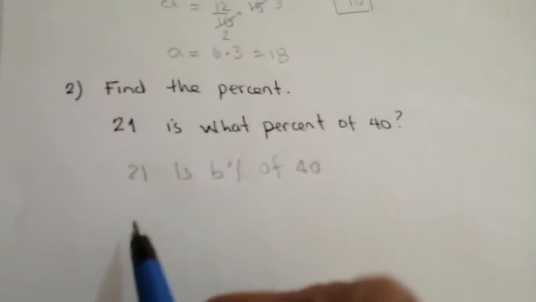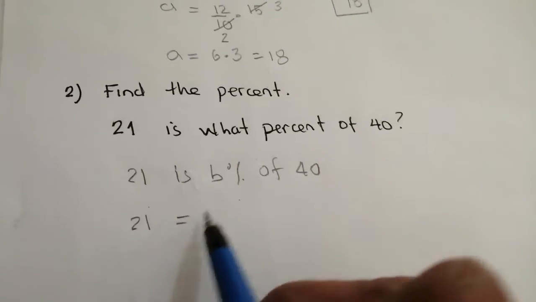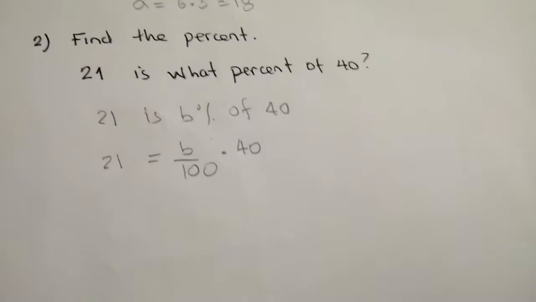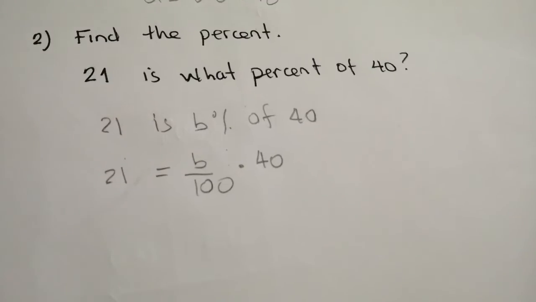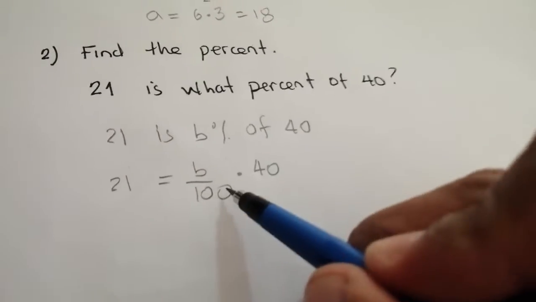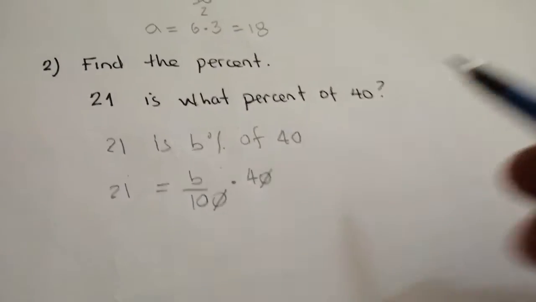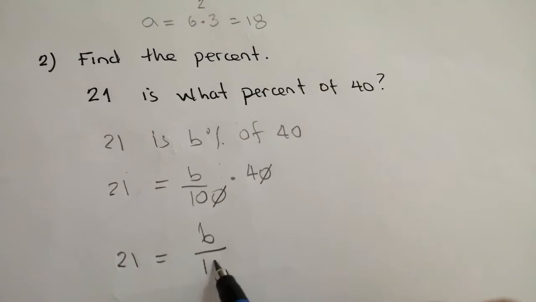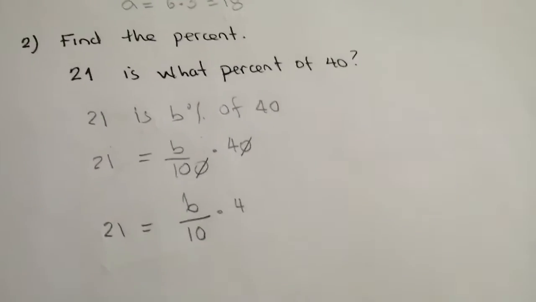Now, as an equation, this will be 21 equals B over 100 times 40. It is always over 100 because it is percent. Here, I also cancel the 0. So what I have left is 21 equals B over 10 times 4.